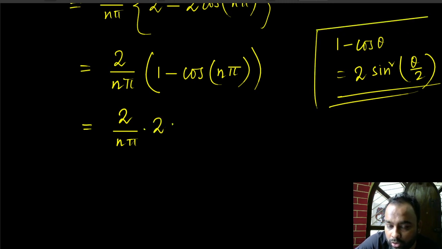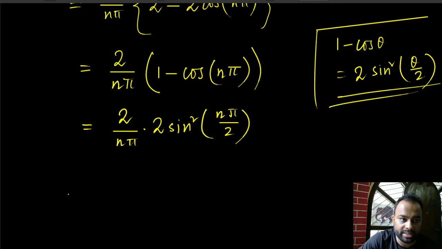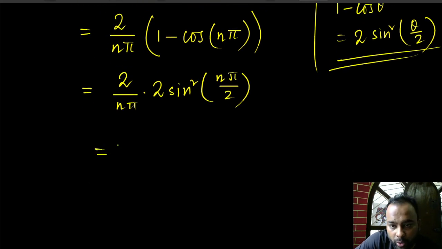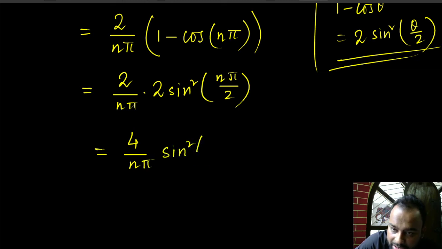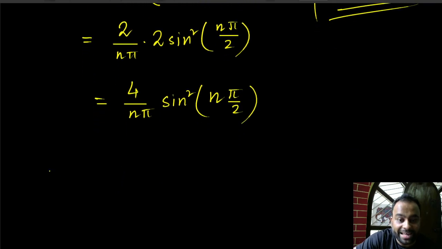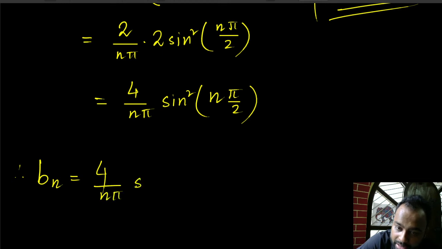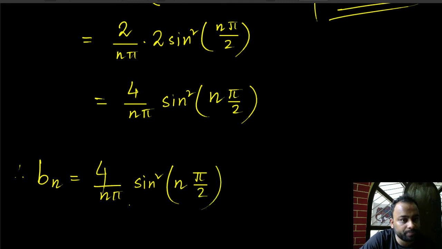So I have 2 sine square n pi by 2, so I have 4 by n pi sine square n pi by 2. That's the expression for our Bn. Therefore Bn is 4 by n pi sine square n pi by 2.